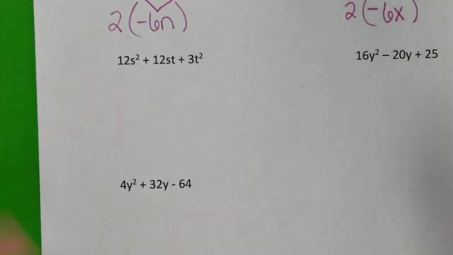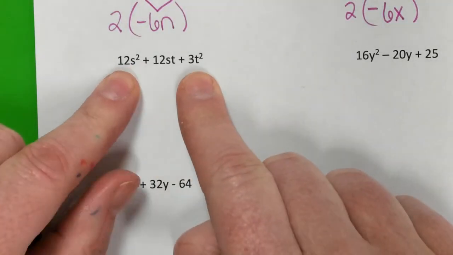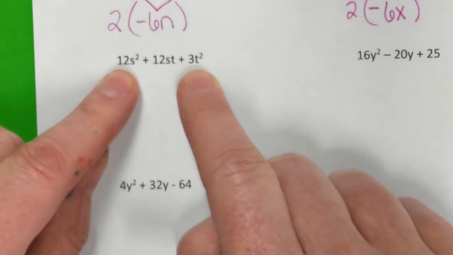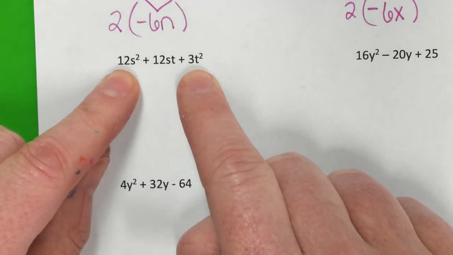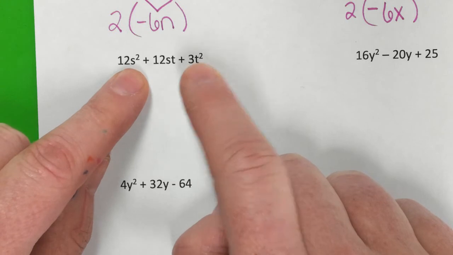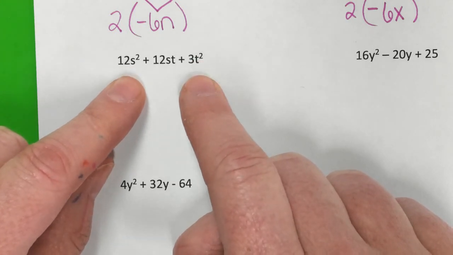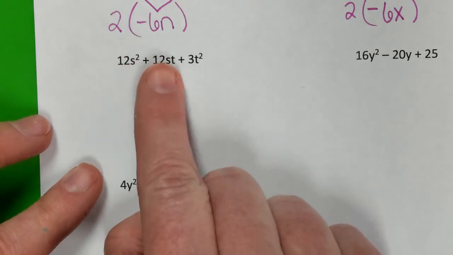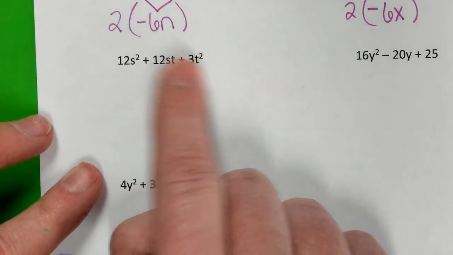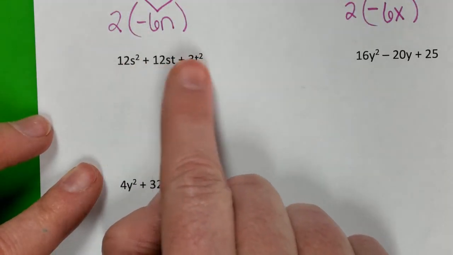Okay, let's look at the next one. Do I have perfect squares? I hope you're saying no. S is a perfect square, T is a perfect square, but 12 and 3 are not. However, let's look at each term. Is there a greatest common factor that I could divide out? I hope you're saying yes.